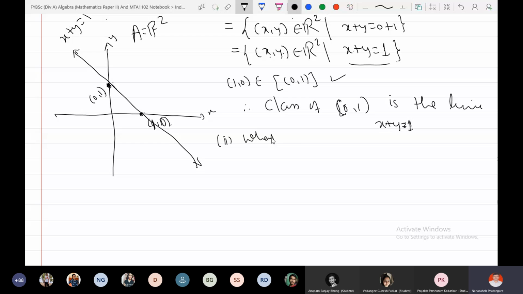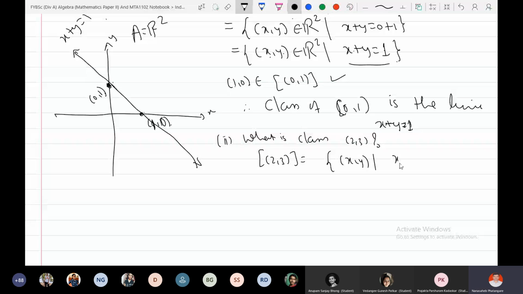So what is the class of, for example, (2, 3)? Can you understand the class of (2, 3)? The class of (2, 3) is those points (x, y) such that (x, y) is related to (2, 3).